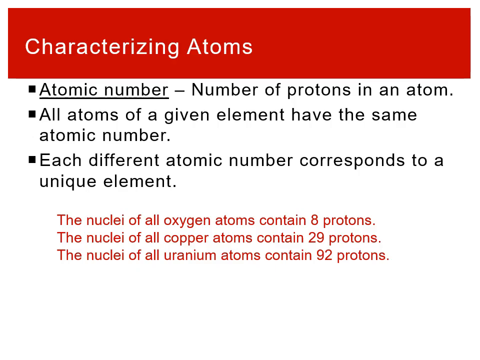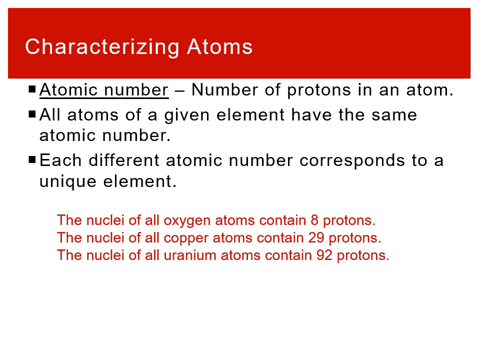Functionally, what this means is that the number of protons, this atomic number, determines the name of the element. So when we say oxygen, a type of element, we know that corresponds to a type of atom. Oxygen atoms are all of the atoms that have 8 protons in their nucleus.